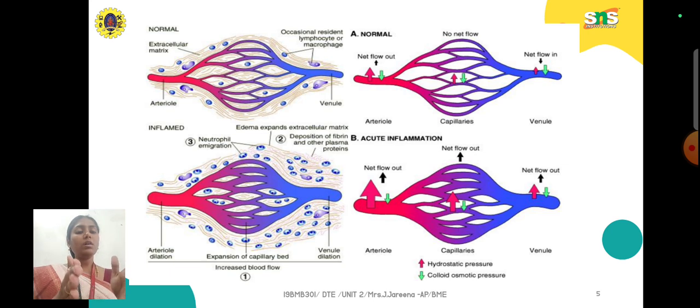So the hydrostatic pressure inside will increase, since the volume is increasing and the blood flow is also increasing. The hydrostatic pressure inside the blood keeps on increasing, which pushes the WBC, the main cells for the defense mechanism, right? It pushes the WBC because of the high hydrostatic pressure, which happens because of vascular dilation, initiated by the histamine signal released by the damaged site.